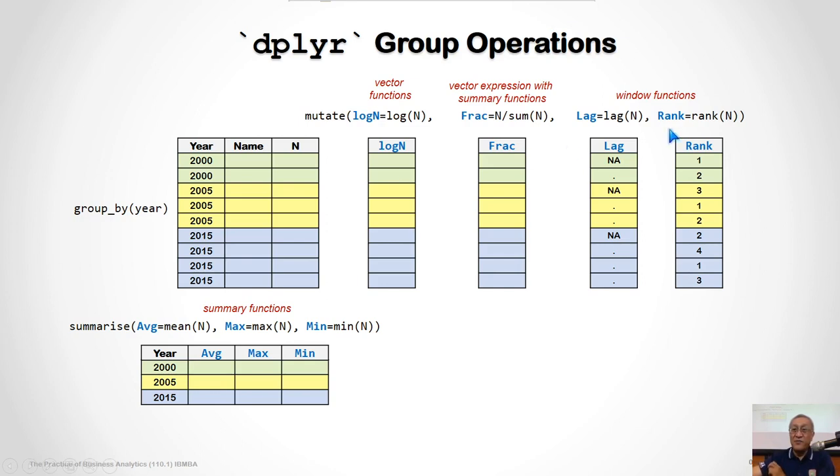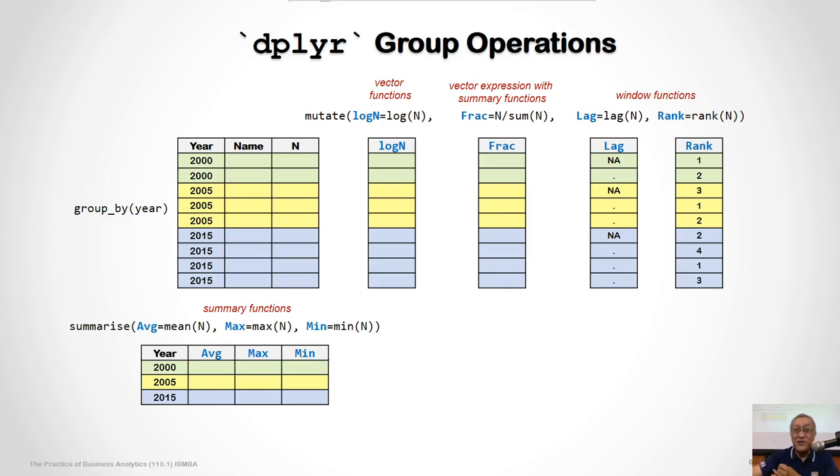Now, the second scenario in which you need to do group mutate is a function type called window functions. This type of function is usually used in calculating the growth rate, the annual difference, things like that.